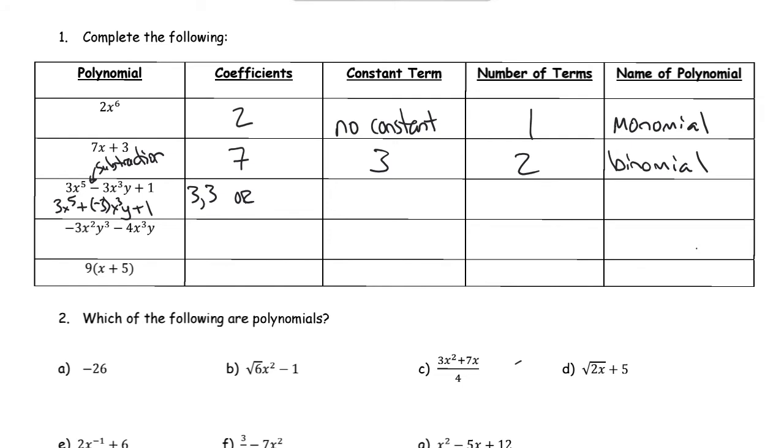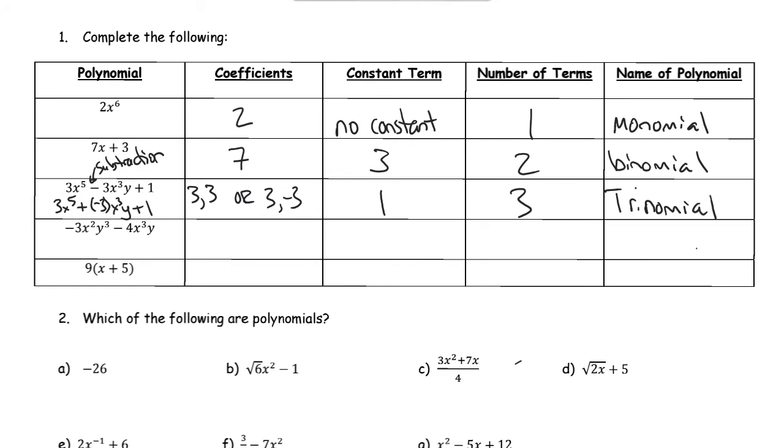And so I could see this as having the coefficients of 3 and negative 3. In either case, it doesn't really matter, because if I can be a little bit fluid with that, I can go back and forth. Everything's going to be fairly consistent there. The constant is just going to be 1.